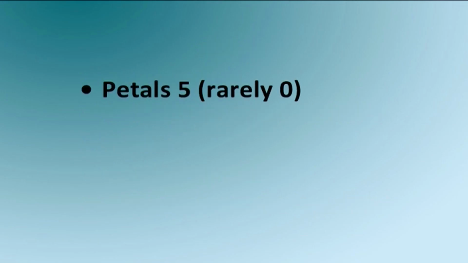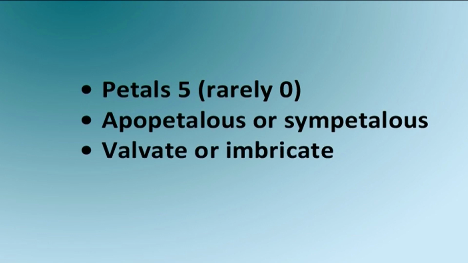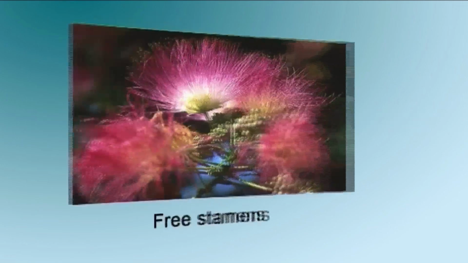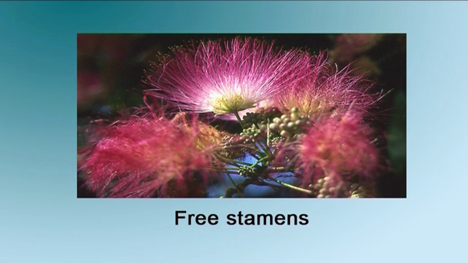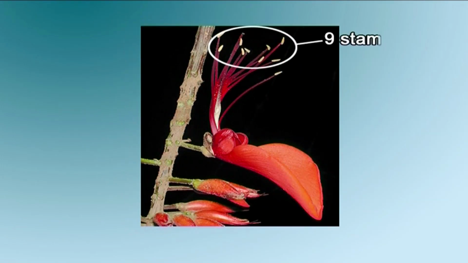Now the corolla: petals are 5, rarely 0, apopetalous or sympetalous, valvate or imbricate in bud, they are colored. Androecium: stamens 5 or 10 to infinity, free or joined by their filaments in various ways, usually diadelphous, with 9 stamens fused to form a bundle and the 10th stamen remaining free.